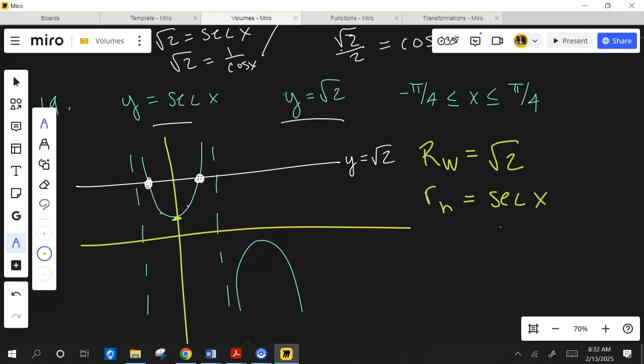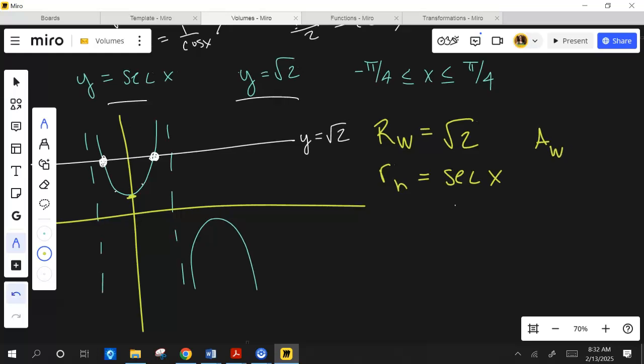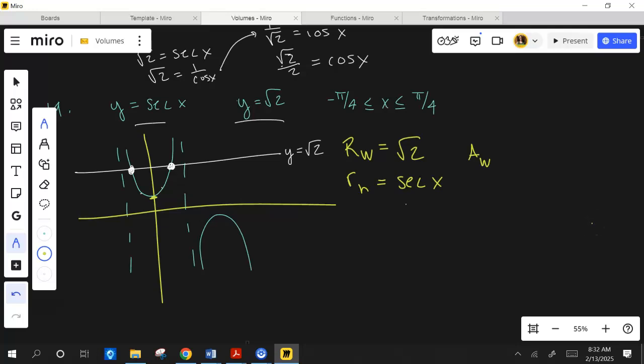Right. Okay, but wait, that's not the area. So the area of the whole is pi r squared, which is pi times secant squared. Everybody good? Yes, thank you.